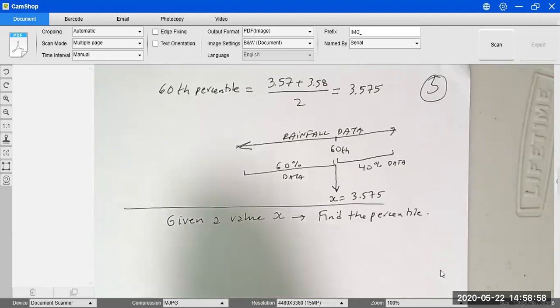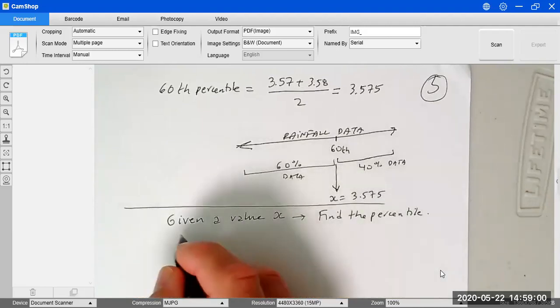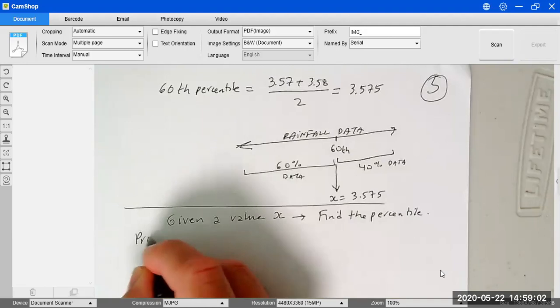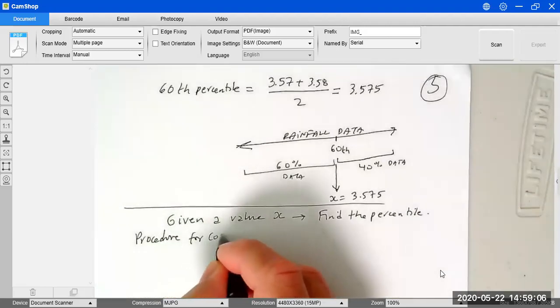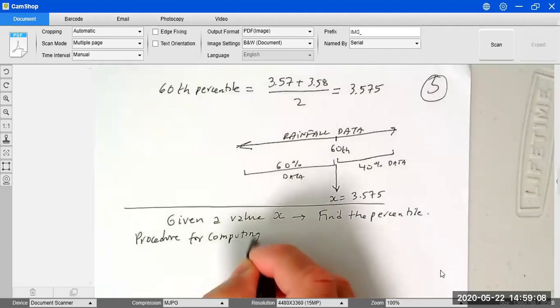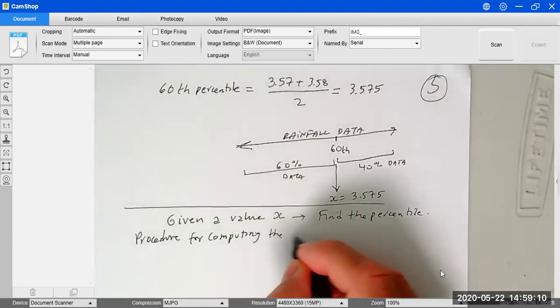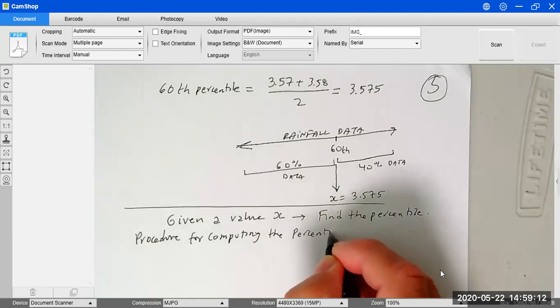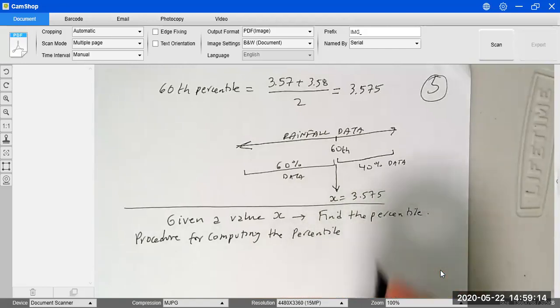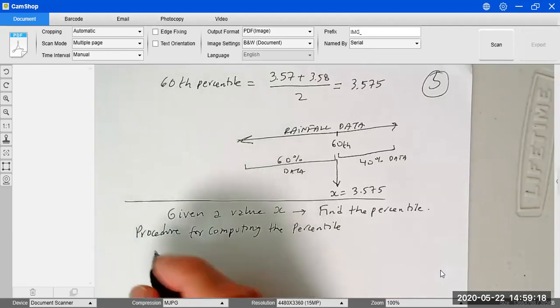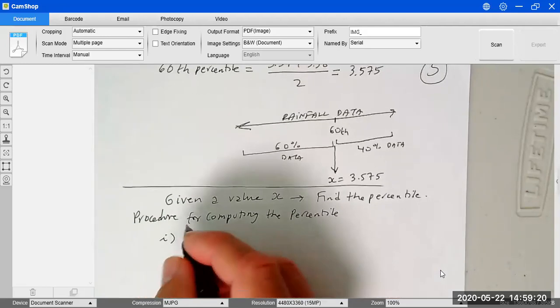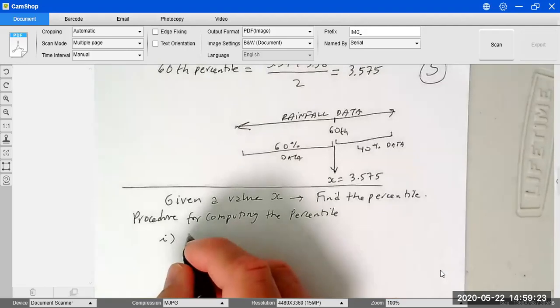So the procedure for computing the percentile corresponding to a given data value is, first, again, we need the data in increasing order.